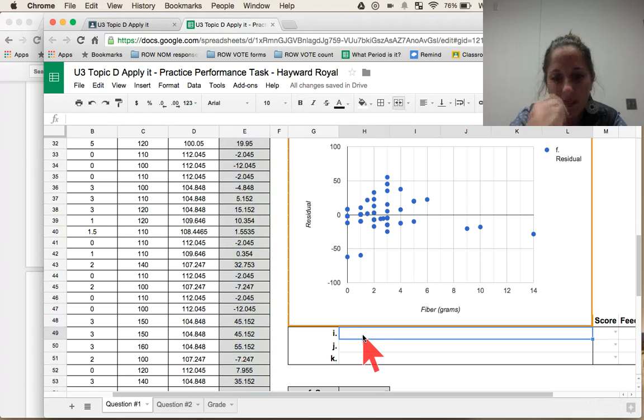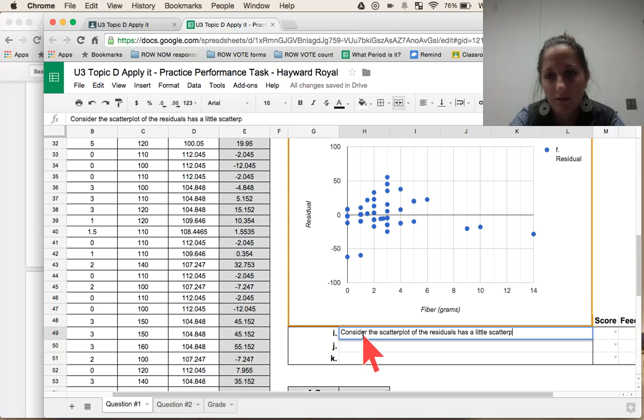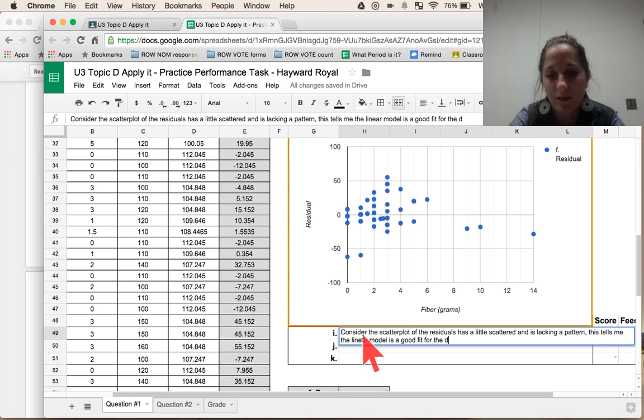And so I'm going to say, considering the scatter plot of the residuals is a little scattered and is lacking a pattern, this tells me the linear model is a good fit for the data.